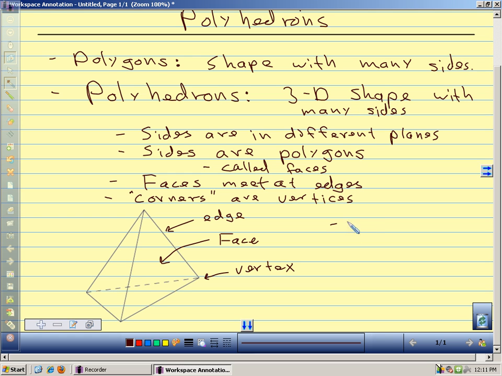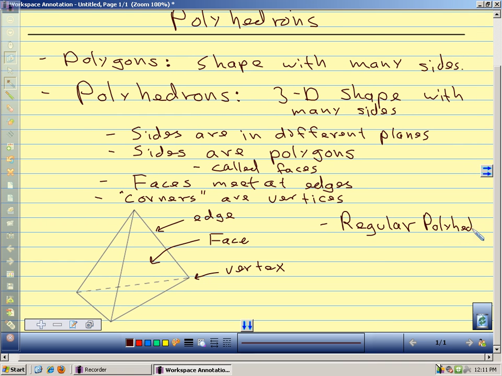A regular polyhedron is similar. A regular polyhedron has congruent polygons as faces, and the same number of polygons meet at each vertex.